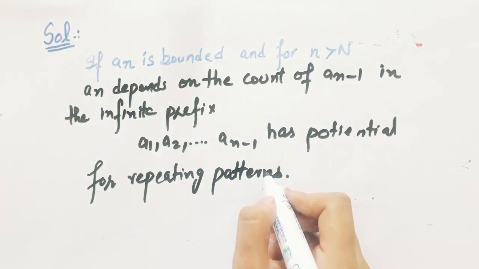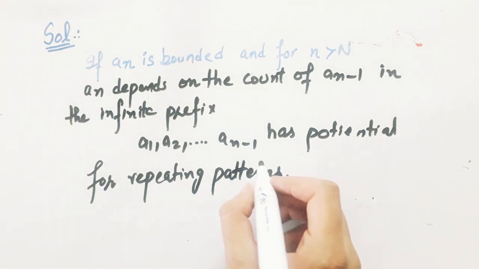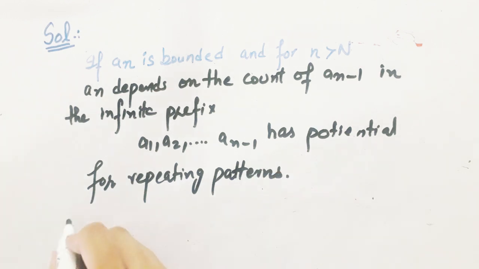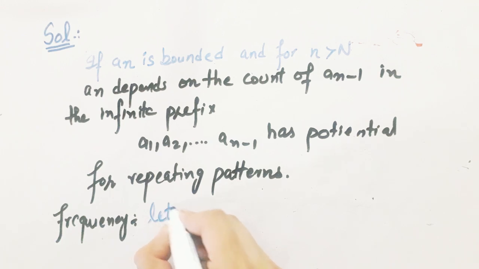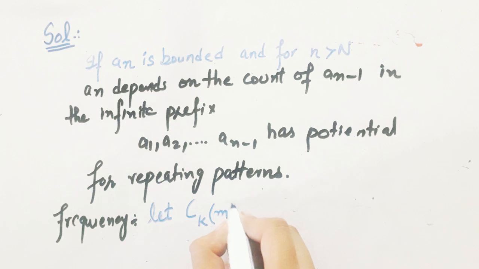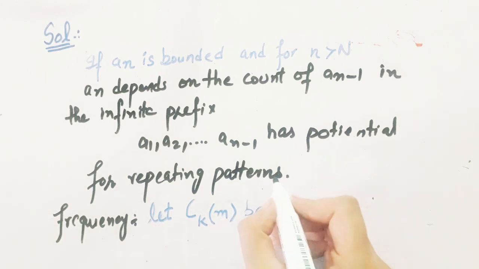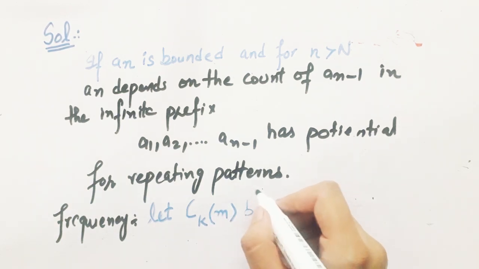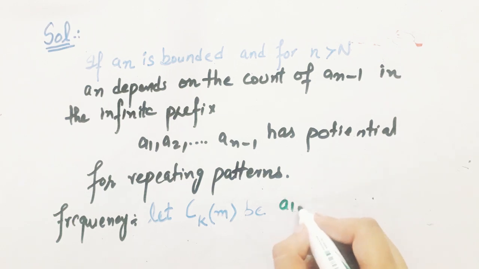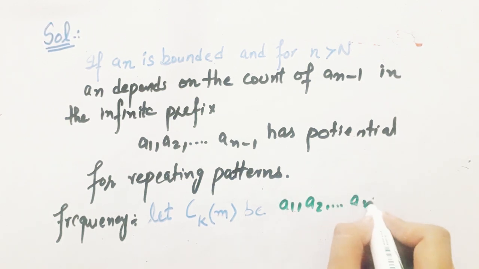After this, we will focus on the frequency of the values. Let us consider another sequence. Let C(k, m) be the count of the number k in the subsequence a1, a2 up to am.